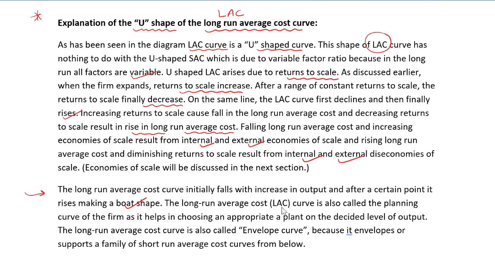The LAC curve is also called a planning curve of the firm, as it helps in choosing the appropriate plant for the decided level of output. It is also called an envelope curve because it envelopes or supports a family of short run average cost curves from below.